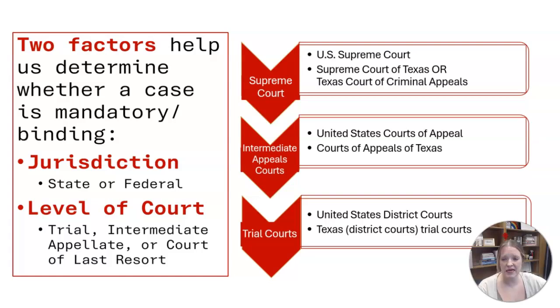In our intermediate appeals courts, we've got the U.S. Courts of Appeals, and then the Courts of Appeals of Texas, right? And then at our trial court level, we've got our U.S. District Courts, and then our Texas trial courts are district courts. Okay, so again, looking at jurisdiction and the level of court is important for helping us to determine whether a case is mandatory or binding for our issue.